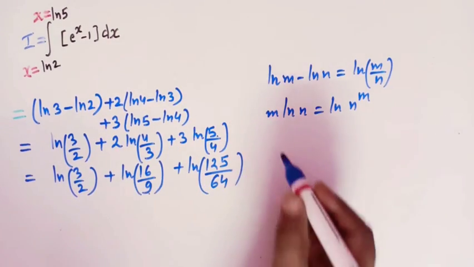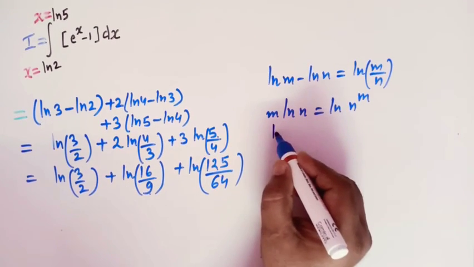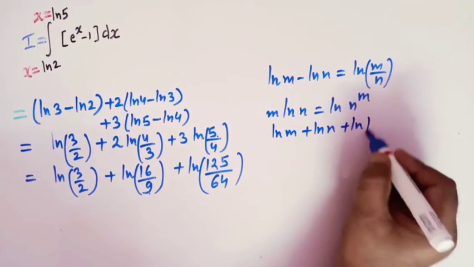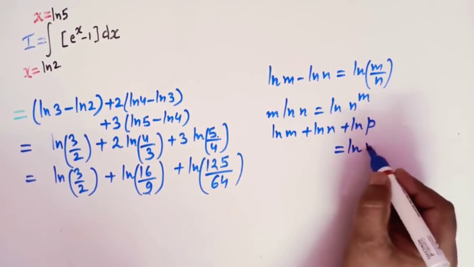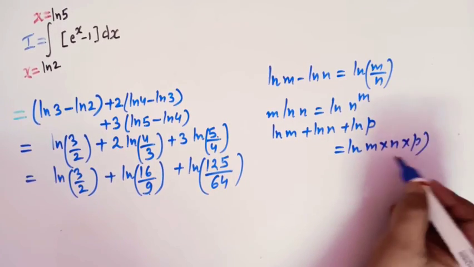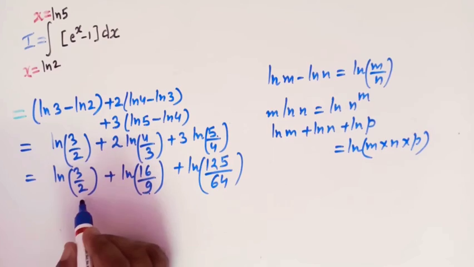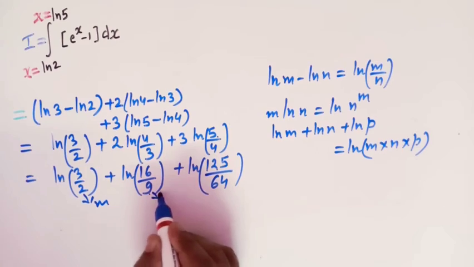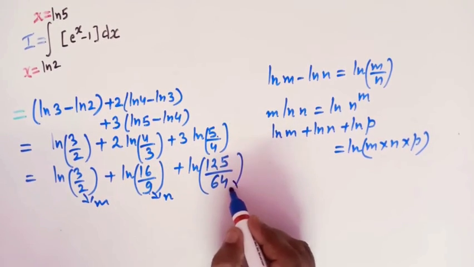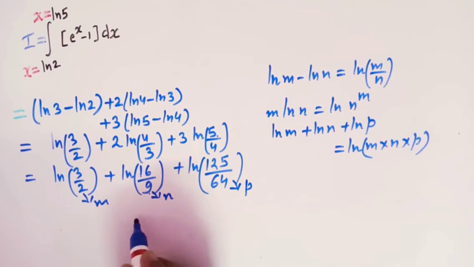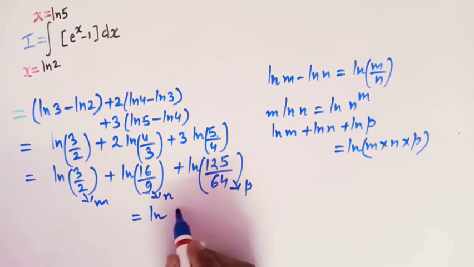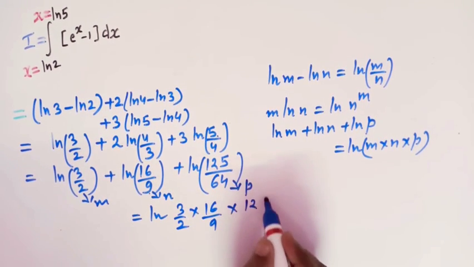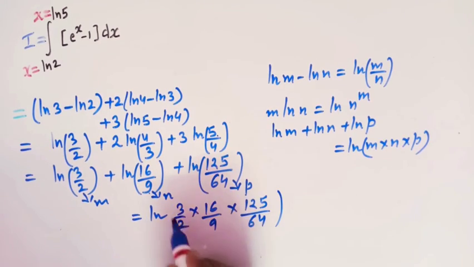Now again using the property of log, we have log m plus log n plus log p is equal to log of m times n times p, right? So here 3 over 2 can be taken as m, and 16 over 9 can be taken as n, and 125 over 64 can be taken as p. So now we have log of 3 over 2 multiplied by 16 over 9 multiplied by 125 over 64, right?